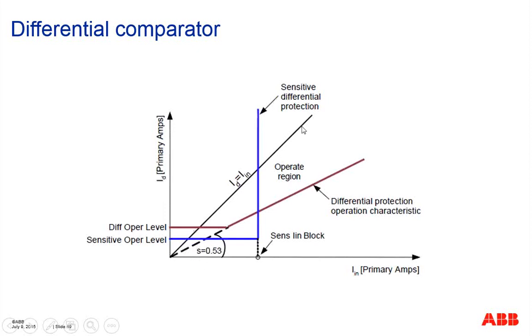These are standard ABB design. Different vendors have different designs, but we all use the same concept, with the numerical phasor estimation technique, signal processing technique, and also the slope type of characteristic. You can have two slopes, you can have one slope, but they are all the same concept.